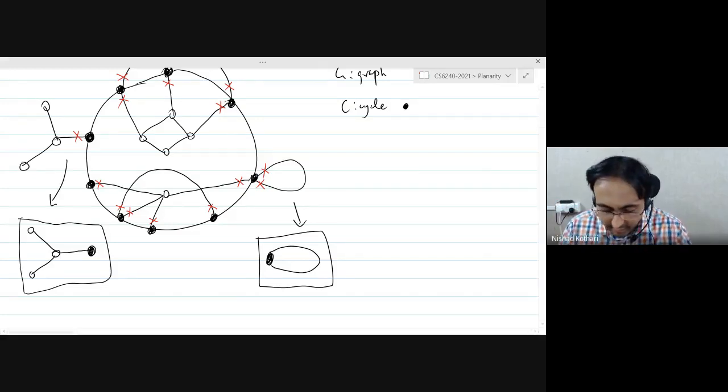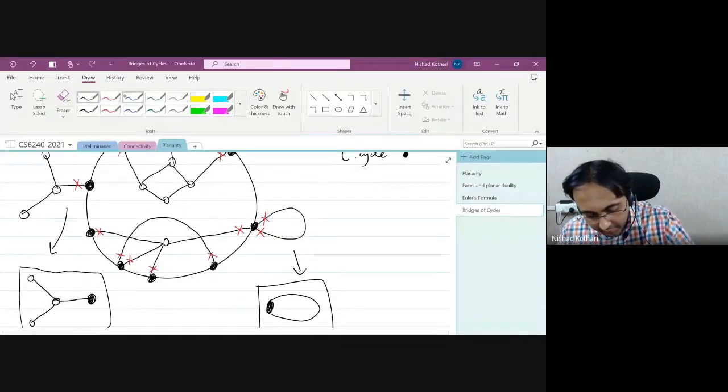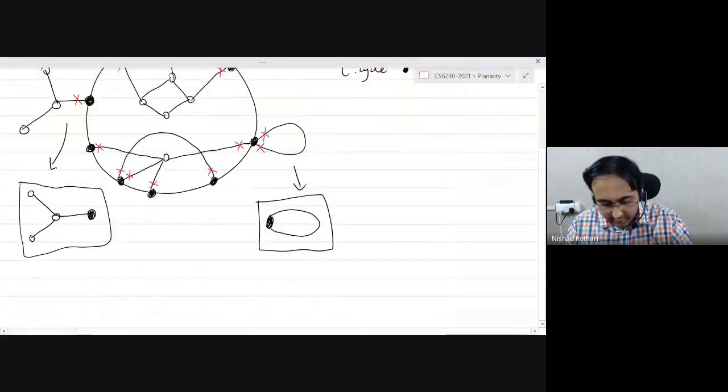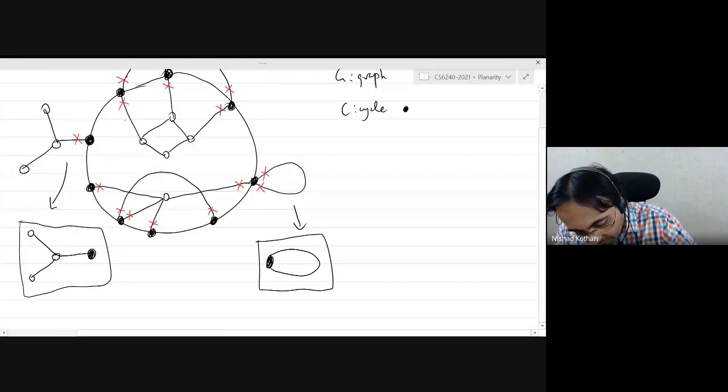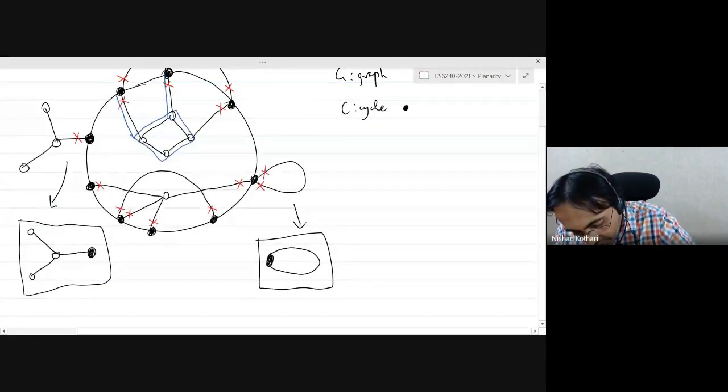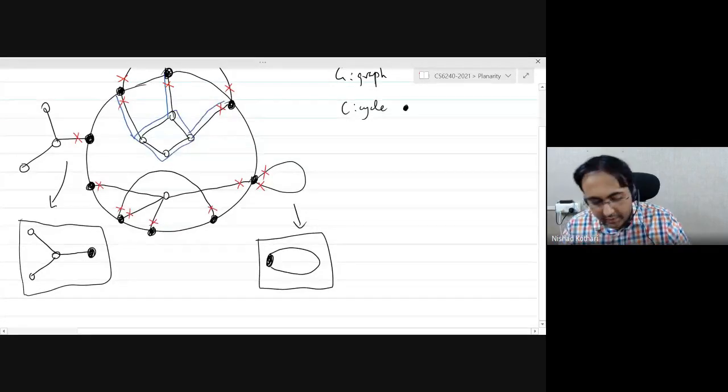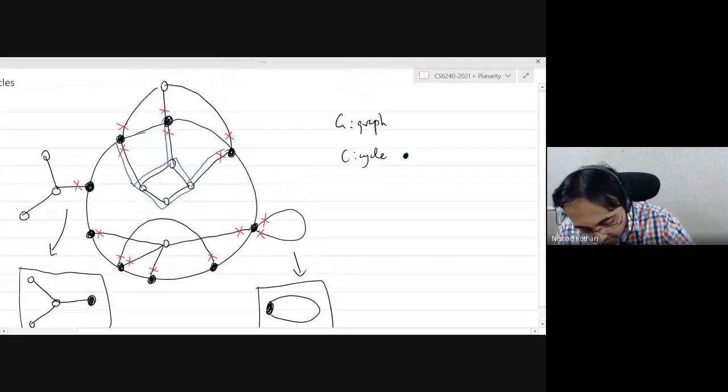So let's draw all the bridges of this graph using different colors so that it's even clearer. One possible bridge is this blue colored subgraph along with the three vertices that are here.